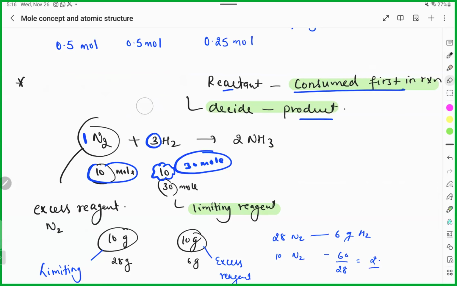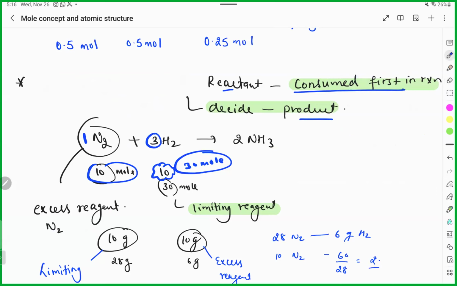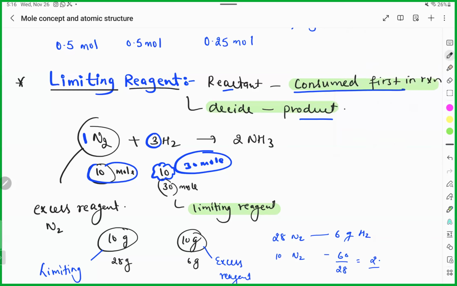Pratigya, I think one of the challenges students face in this whole chapter is mostly limiting reagent. Correct? Usually this chapter is easy for people, but limiting reagent is one. Why? Because for this you should have proper data. Chandana, do you face issue? Yes, sir.